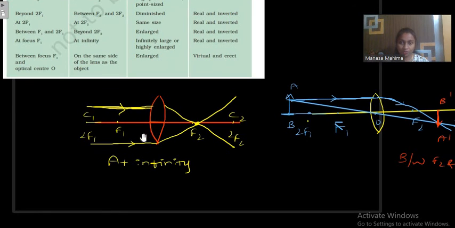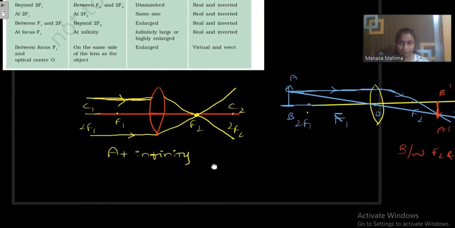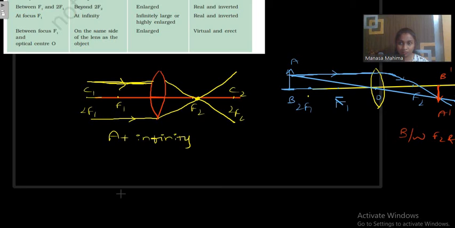If you want, you can draw for 2F1 also. This is the convex lens I have to take. This is 2F1, F1, F2, 2F2 we have to take, correct? And we have to consider any two rays, correct?